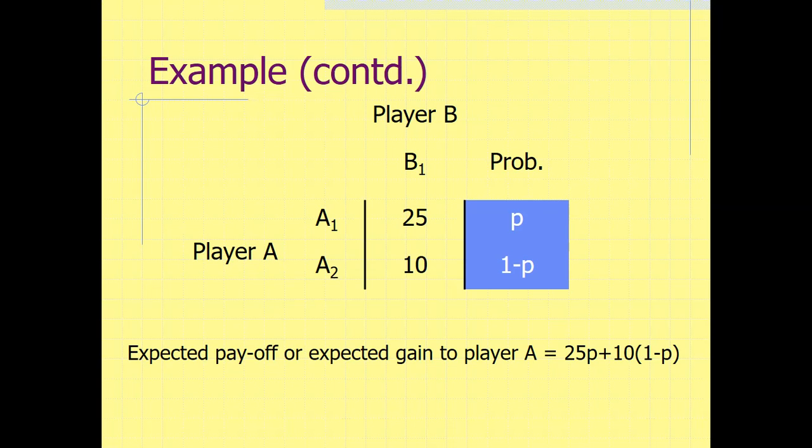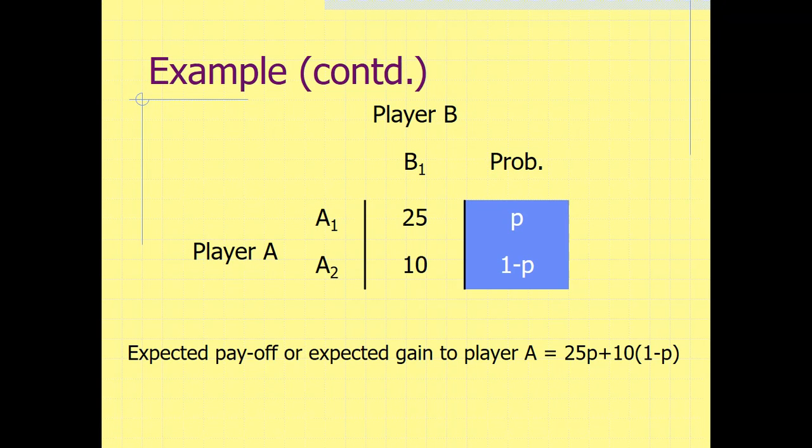Let A select strategy A1 with probability P, and strategy A2 with probability 1 minus P. Suppose now player B selects strategy B1 and adheres to it throughout the game.